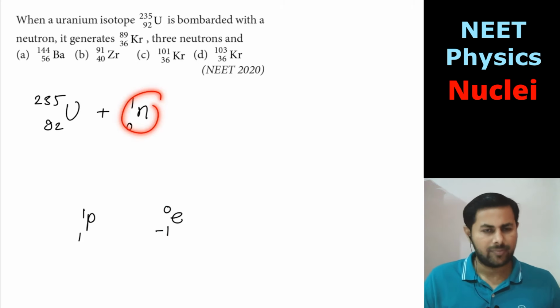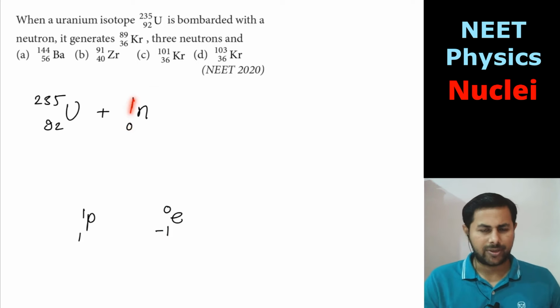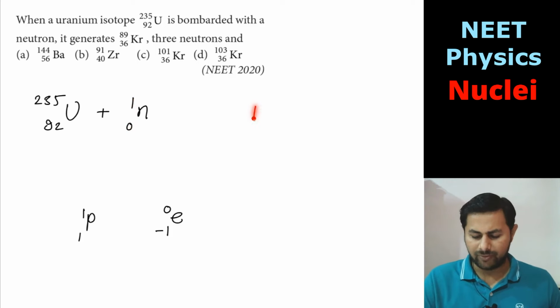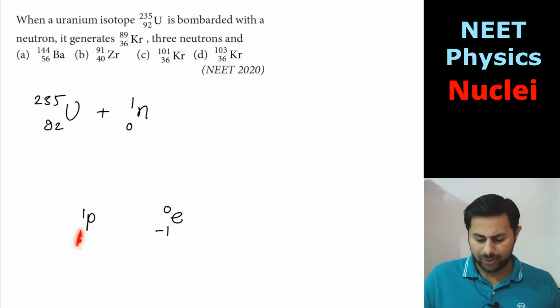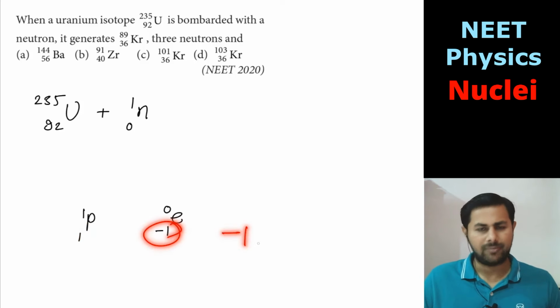For neutron, atomic number is 0 because there is no charge. Mass number is 1 because it has mass of nearly 1 U. Proton has mass of 1 U nearly, and it has positive charge, so its atomic number is 1. Electron has same amount of negative charge, so its atomic number is -1, but mass is negligible.